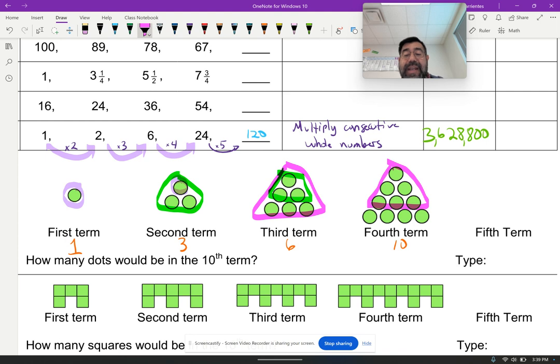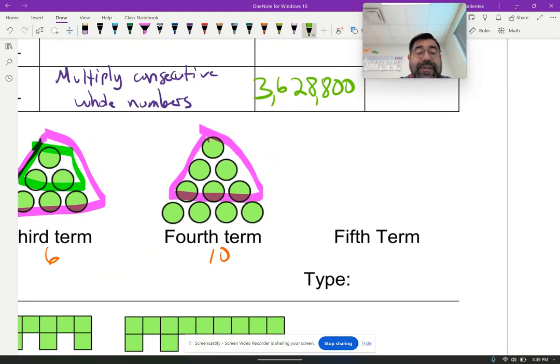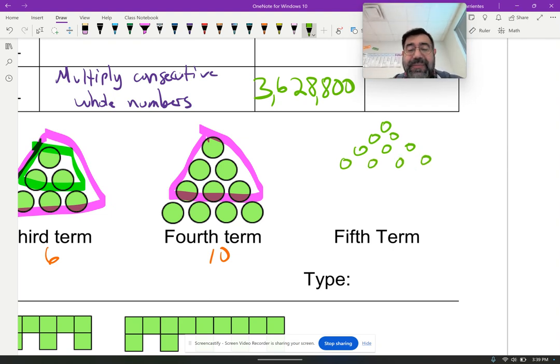So the next one should have the same amount of circles as the fourth term, but an extra row on the bottom.